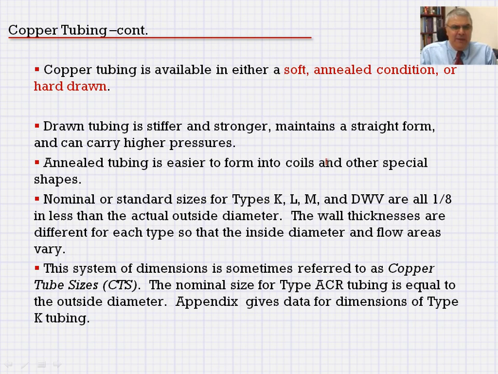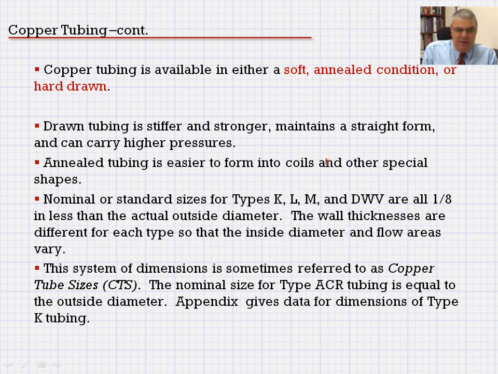So if you have the nominal or standard size of, let's say, 7/8 of an inch, you need to add 1/8 to that to get 1 inch. That would be the actual outside diameter that we use in calculations. Remember, in calculations, we use the real diameter, not the nominal or standard, the given number.